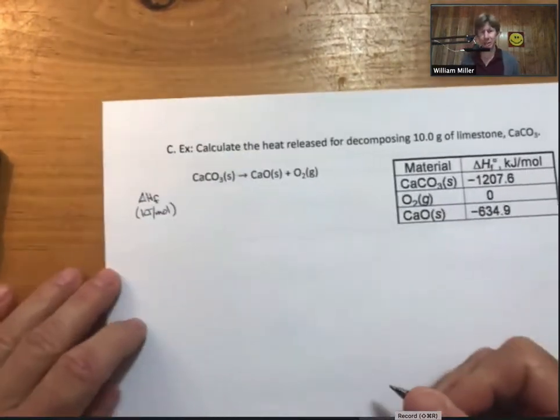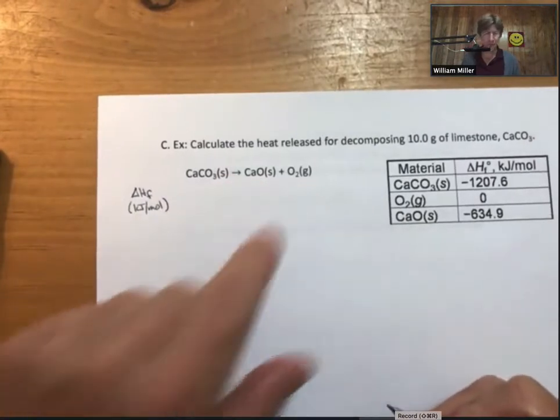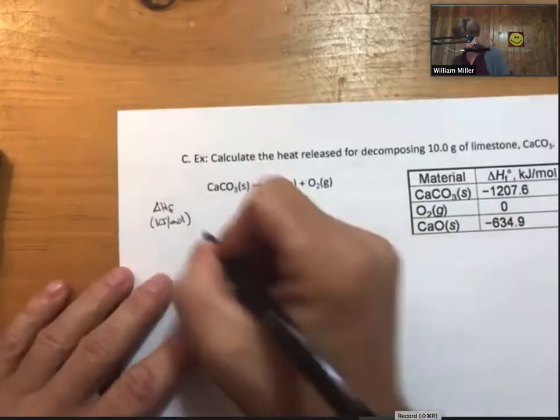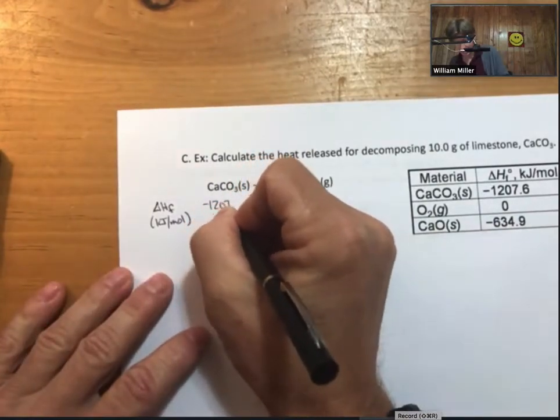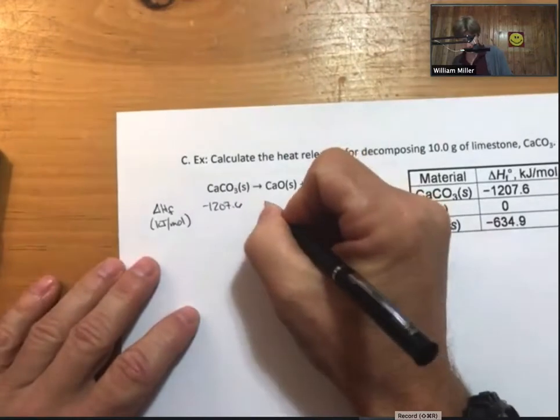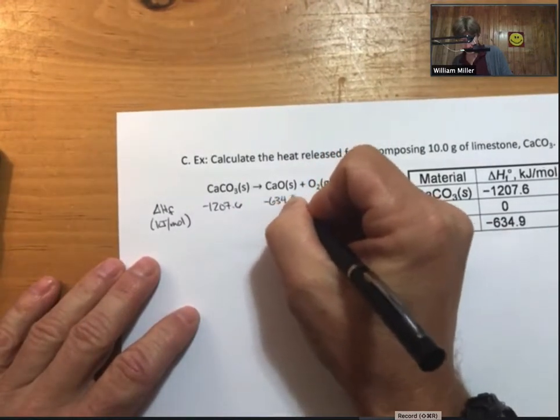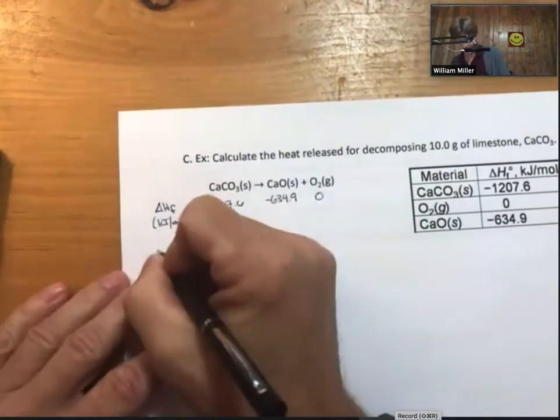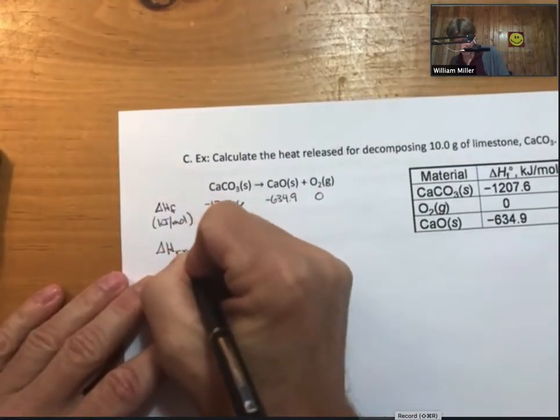My system for doing that is to write the delta HF values underneath each of them. So calcium carbonate, calcium oxide, oxygen is 0. Now calculate delta H reaction.